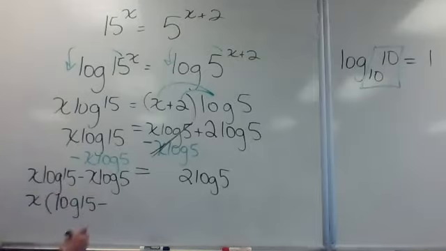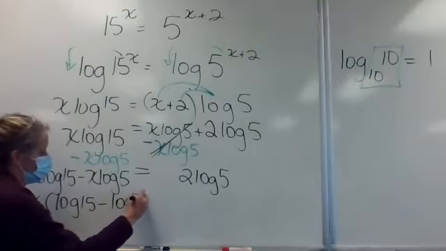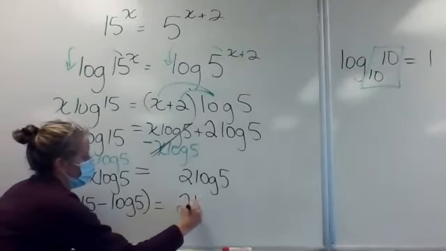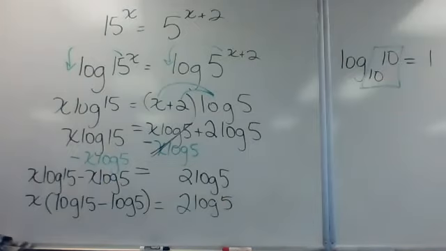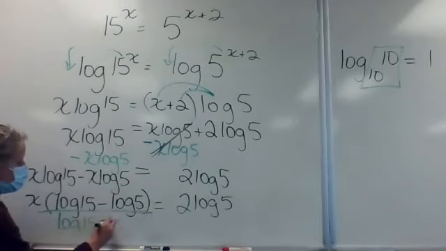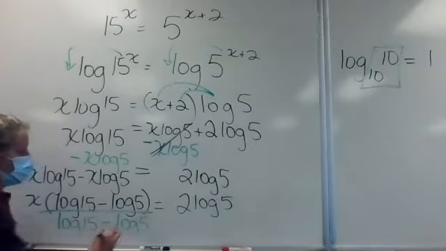Minus, if I take the x out here, I have log 5 equals 2 log 5. Now I can get the x by itself by dividing by this whole thing. So I'm dividing by log 15 minus log 5.